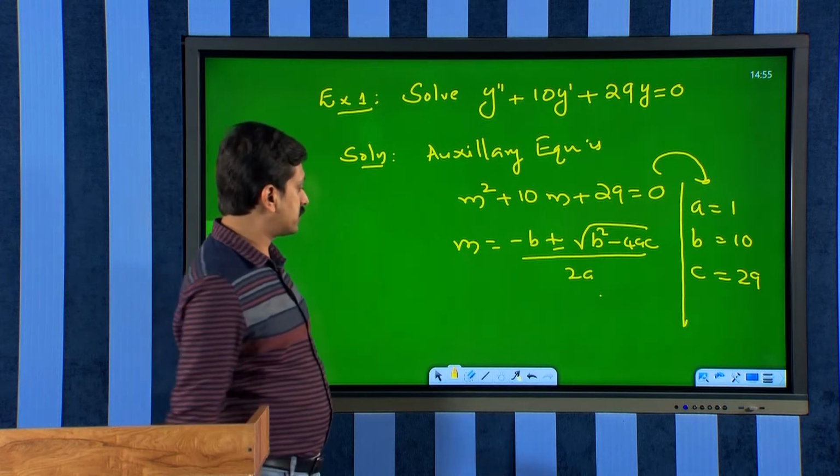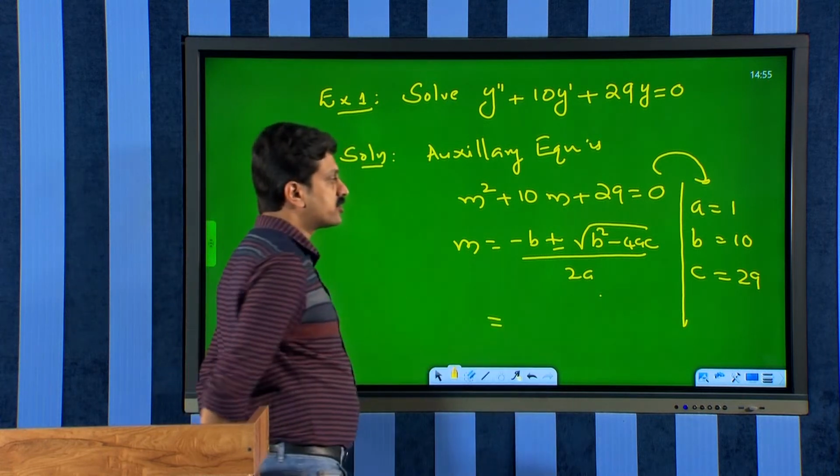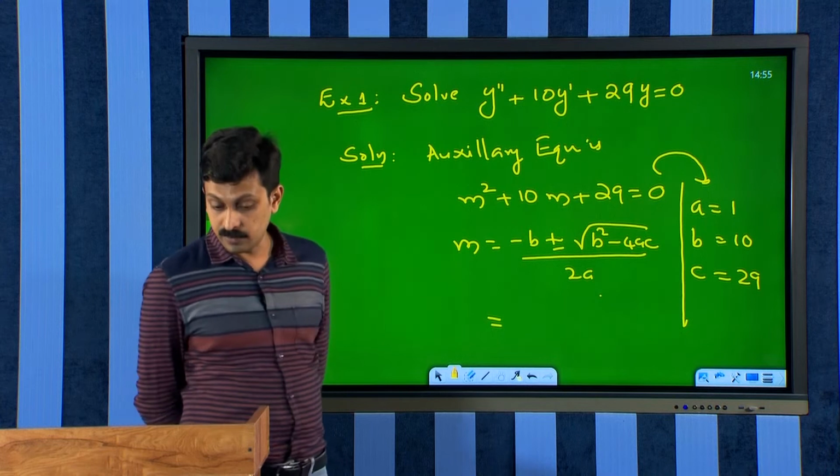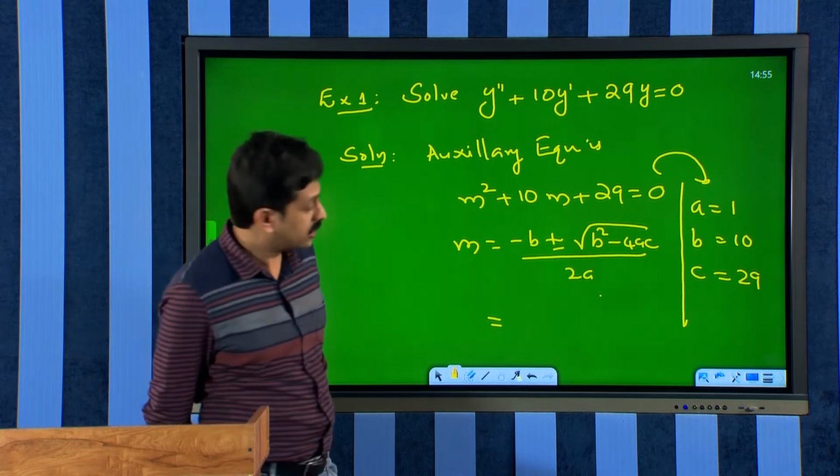So we can find the value of m by using the formula: minus b plus or minus the square root of b square minus 4ac, divided by 2a.